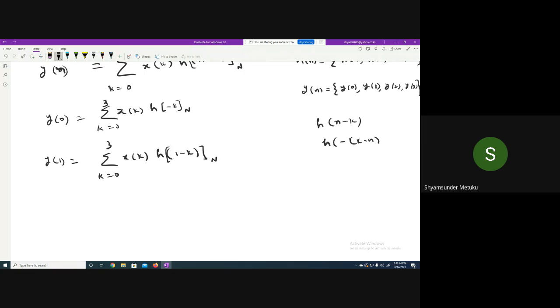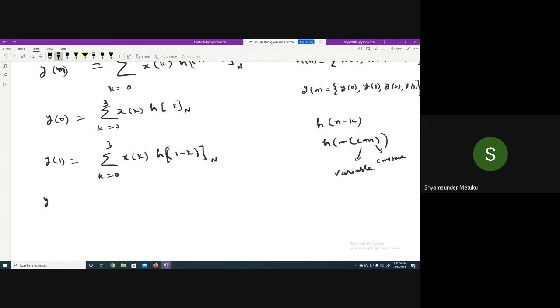I told this in linear convolution also. Where n is a constant in the right hand side equation, k is a variable. So first you perform circular time reversal, and the time reversed sequence is then circularly shifted. Okay?